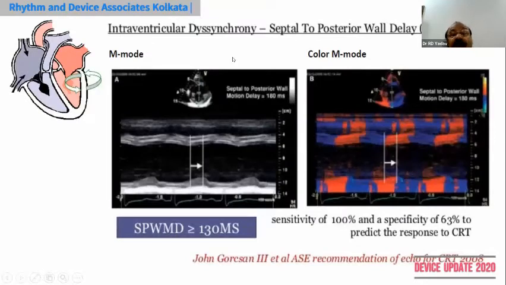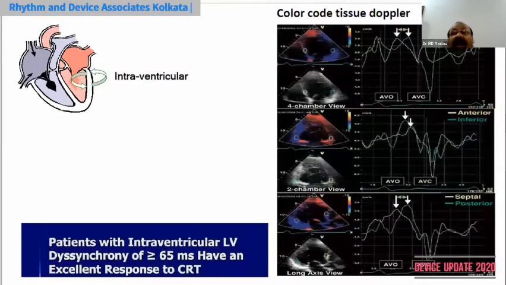In proper selection, for intraventricular desynchrony, if the septal to posterior wall motion delay is more than 130 milliseconds, this patient responds quite well. Intraventricular delay can also be measured by the LV strain pattern, and if the difference between two places, either septal or lateral, anterior or inferior, anterior or posterior, or septal or posterior, is more than 65 milliseconds in strain rate peak velocity, then they are definitely going to benefit with CRT.